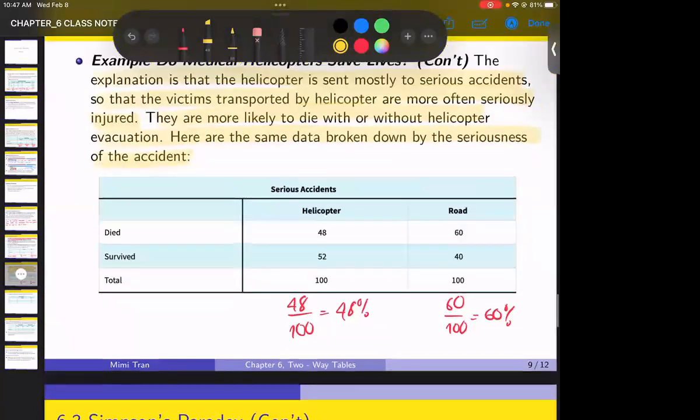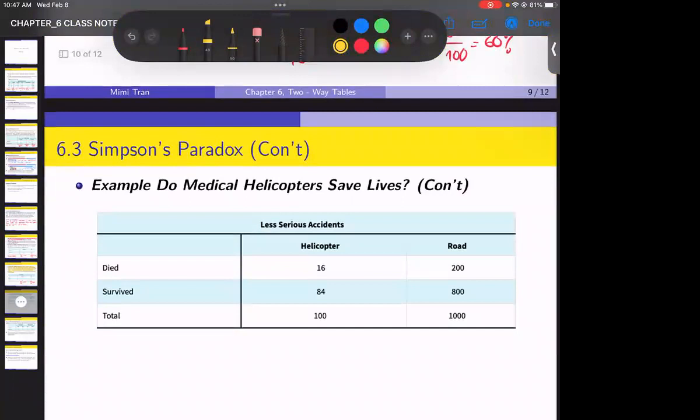So that's the serious accident. Let's take a look at the less serious accident. For the less serious accident, I have 16 out of 100 die. So that's 16%. I'm talking about the death rate here. And then for road, 200 out of 1,000, that's 20%.